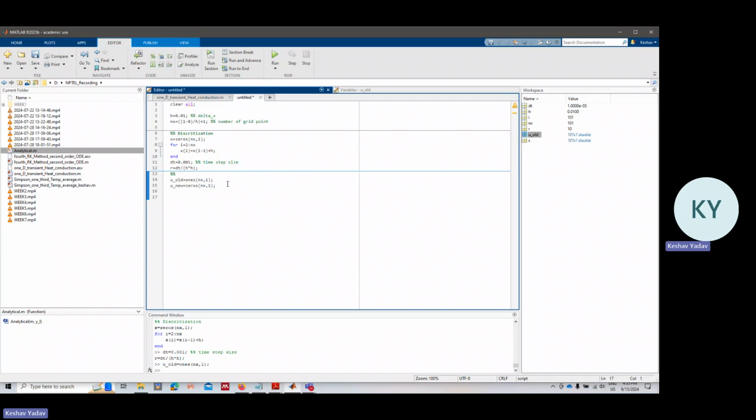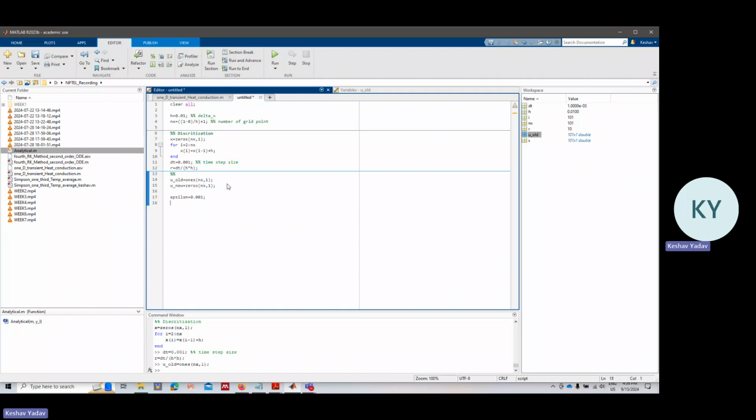Okay. So I am defining some epsilon. This is my user defined value. Suppose epsilon equal to 0.001. If the maximum difference at any interval between the n plus 1 and nth stage of time is less than this, then I will assume that my solution is converged.